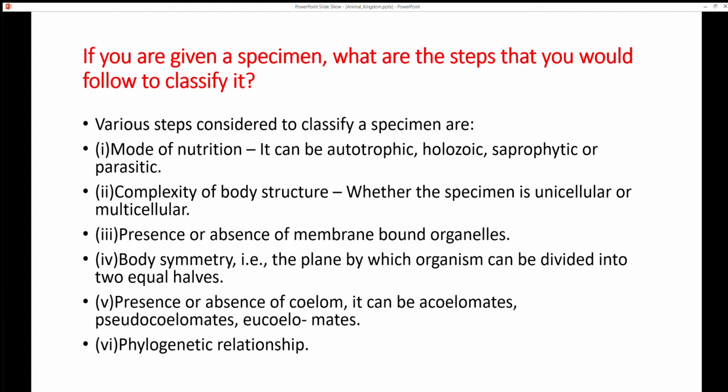Some organisms, which are unicellular, will have non-membrane-bound organelles. Body symmetry, that is the plane by which an organism can be divided into two equal halves. Presence or absence of coelom, it can be acoelomates, pseudocoelomates, coelomates, and phylogenetic relationship.